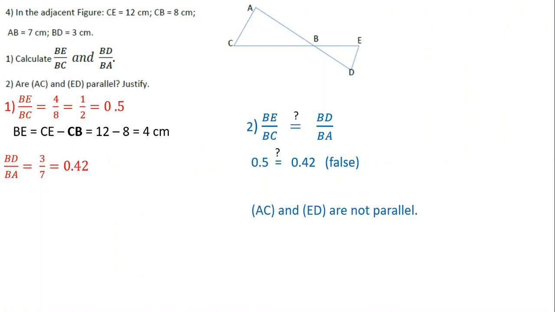They are not equal to each other. So we say by converse of Thales theorem, the two lines AC and ED are not parallel. Any question about how we apply the converse of Thales theorem, guys? This is how we apply converse of Thales theorem in order to prove two parallel lines.